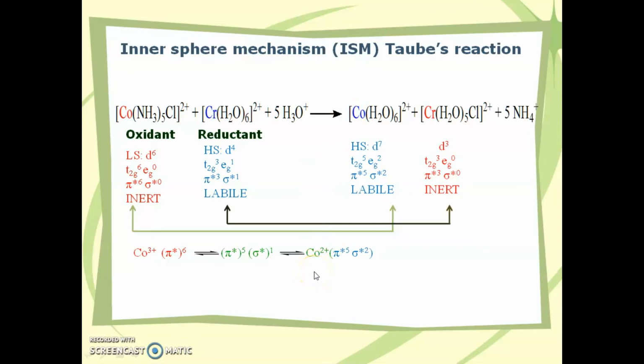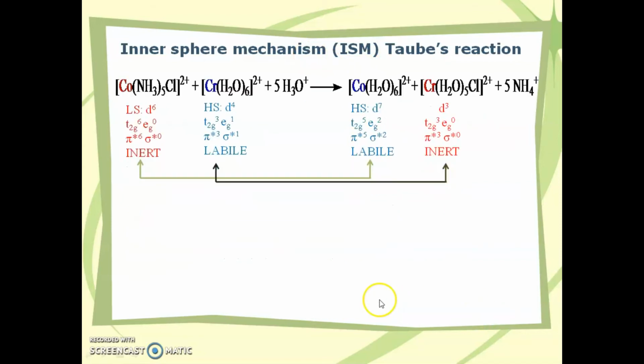What makes it undergo the inner sphere mechanism? So here the same reaction is given. The reaction is actually taking place by the transfer of electron from a sigma star orbital of the cobalt and the gain of electron in the sigma star orbital of the chromium, and this takes place through the inner sphere mechanism.